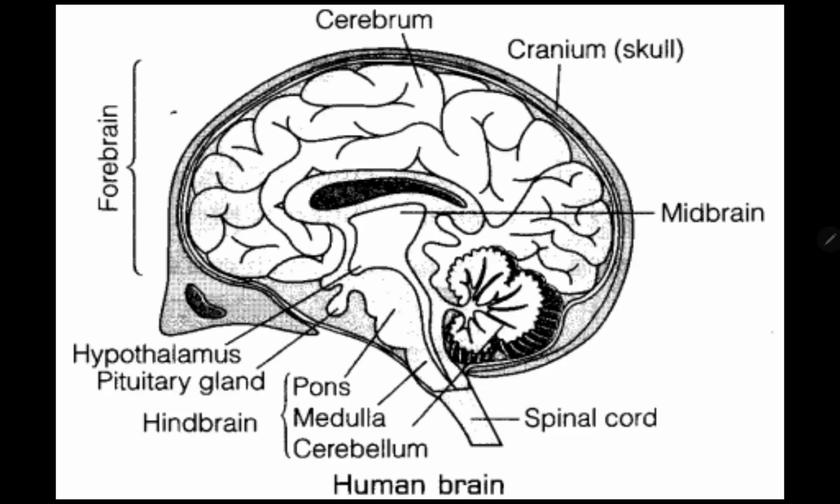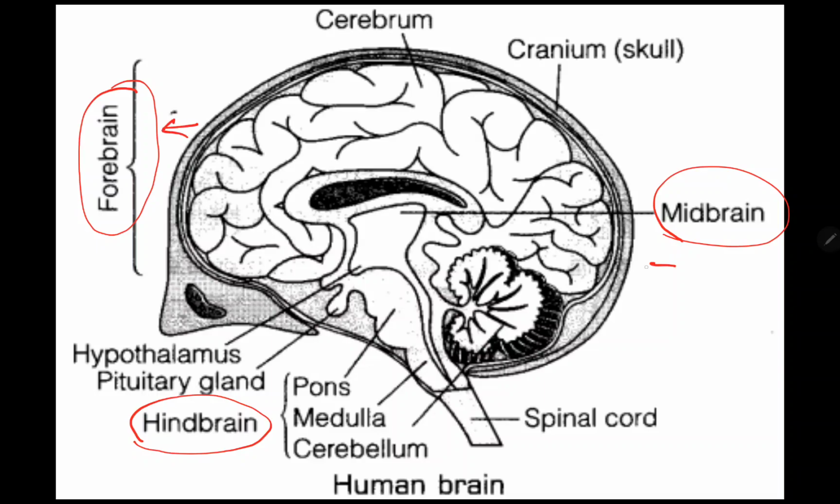Now the brain is the most important organ, we all know that, and it is divided into three parts, that is your forebrain, the midbrain and the hindbrain. This is the frontal part of the brain, this is the behind part of the brain, and this is the lower part of the brain.